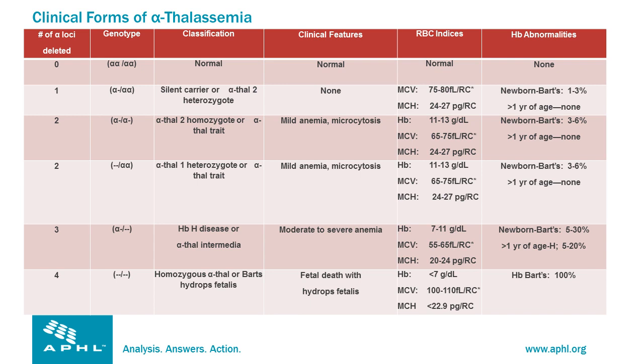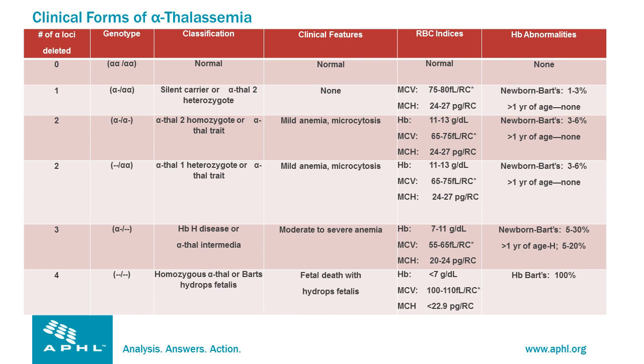When we have 3 alpha-globin genes deleted, this condition is called Alphathal intermedia or hemoglobin H disease. Here, we have a variety of clinical features. It could go from moderate to severe anemia. Hemoglobin 7 to 11 grams, MCV 55 to 65 femtoliters, MCH 20 to 24 picograms.